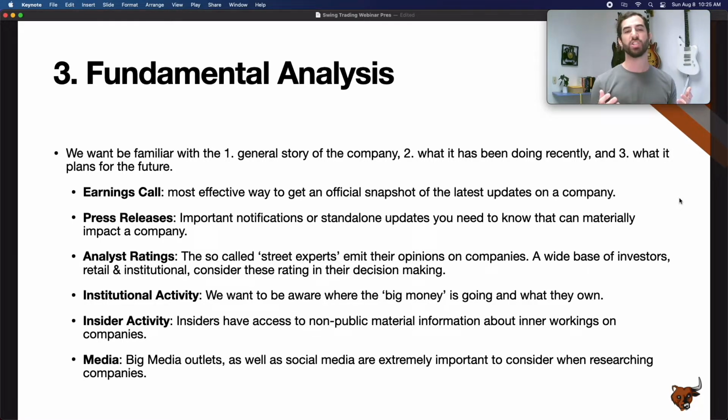We just want to be aware of what those posts are, what people are saying, and in general, what's going on in social media with this company. Again, we're not going to take it too seriously, but we want to be aware of what's going on because we want to have a complete picture. So when we actually execute and pull the trigger, we are not caught off guard with any information that can steer us off from executing our strategy.